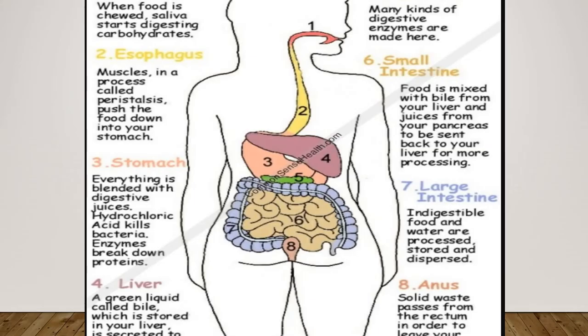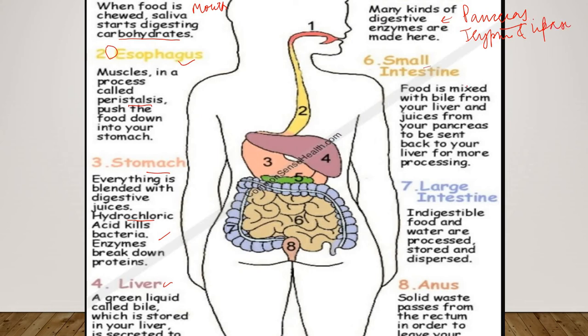Again, by the summary, we can have this in the mouth. When food is chewed, saliva starts digesting carbohydrates into sugar. In the esophagus, muscles perform peristaltic movement. In the stomach, HCl is there, pepsin is there. In the liver, fats are emulsified. In the pancreas, enzymes are there, trypsin and lipase.